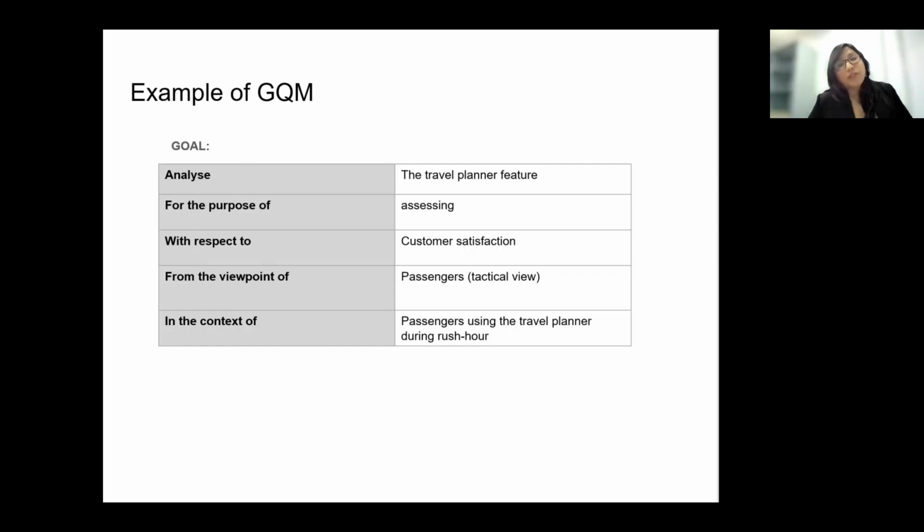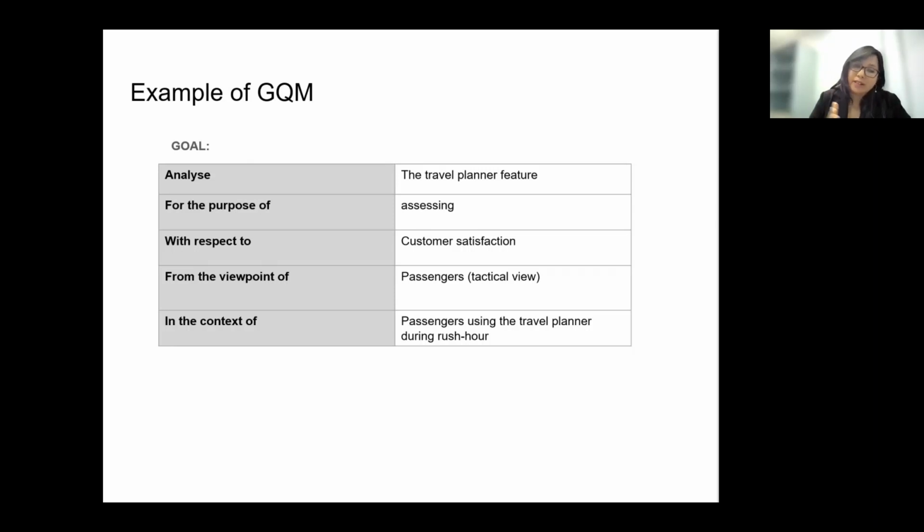The viewpoint depends, and here we are considering the viewpoint of passengers, and that can be tactical or technical, but here we are considering a tactical view. In the context of passengers using the travel planner during rush hour.